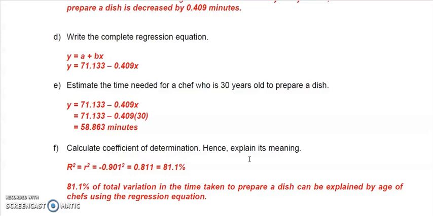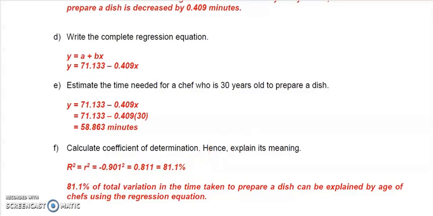Here, 81.1% of the total variation in y, where our y dependent variable is the time taken to prepare a dish, can be explained by x, the age of the chef, using the regression equation. It means that by using this regression equation, the accuracy to estimate the y dependent variable is around 81.1%.